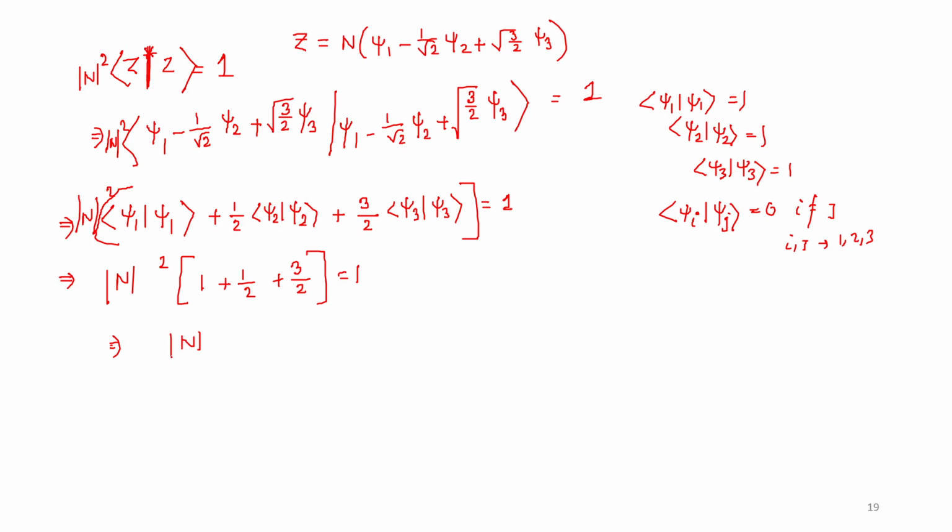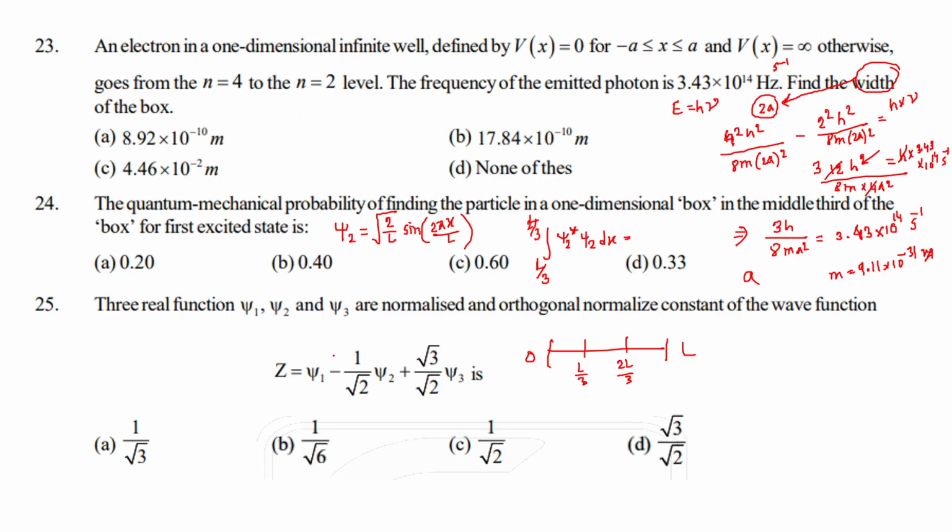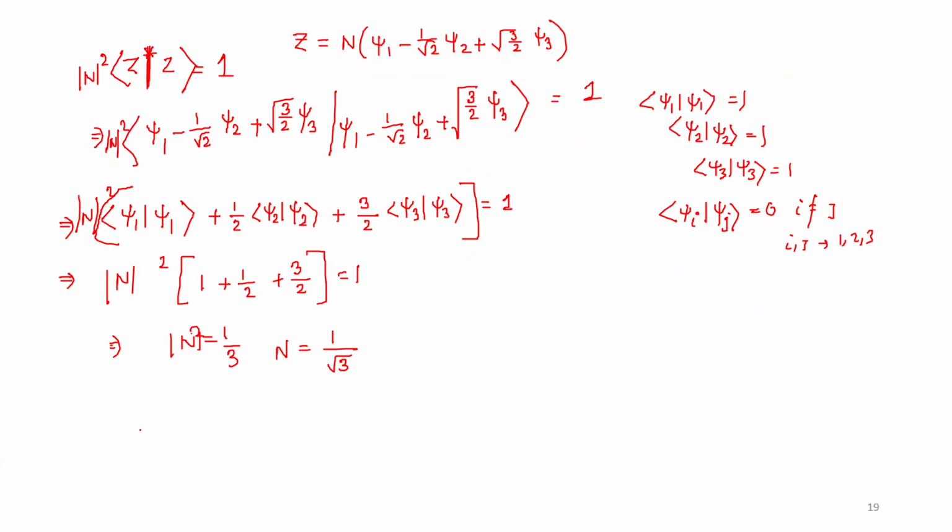So your N square is actually 1 by 3, and N is 1 over root 3. We have the option? Yes. So your option A is the correct answer.